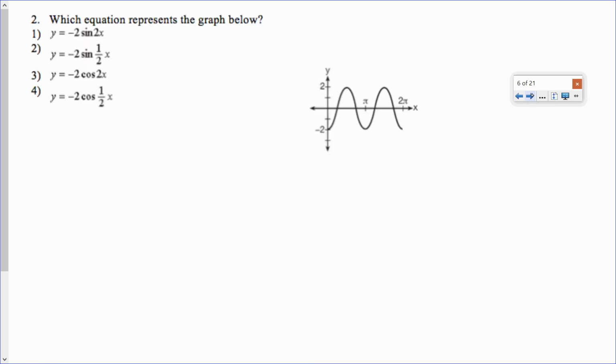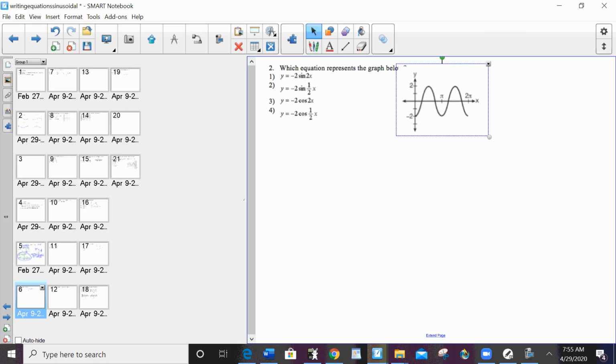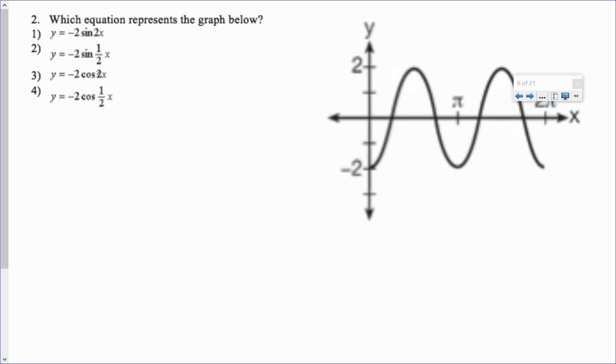Let's take a look at number 2. Just want to blow this graph up a little bit. Much better. Let's go with my favorite color, purple. Again, start with the midline. The midline is the min plus the max over 2.